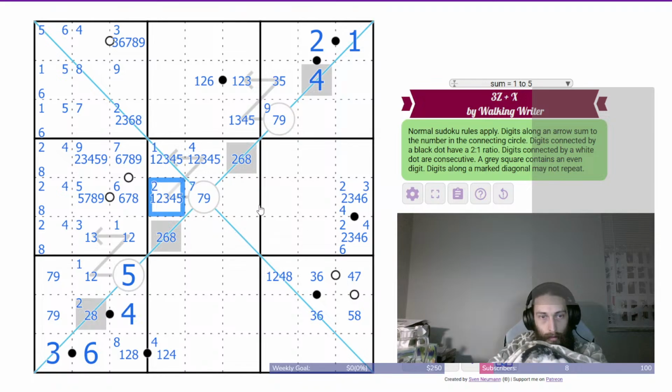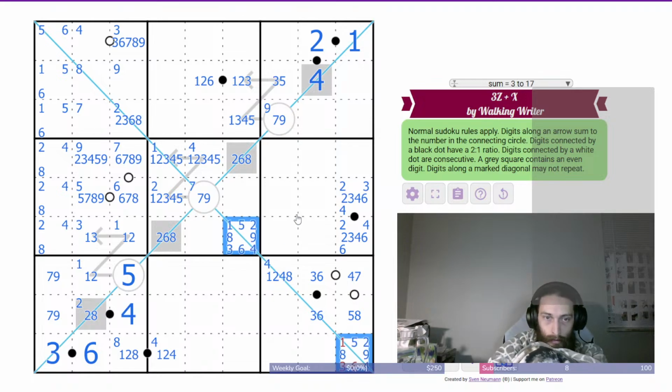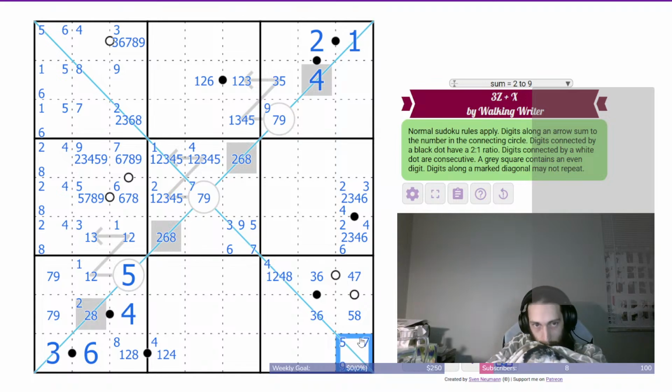So that 1, 2, 4, 8. 1, 2, 8. 4, 7, 1, 2, 8. This can't be 3 or 6. And this is a 6, 8 pair, so that's not a 6.